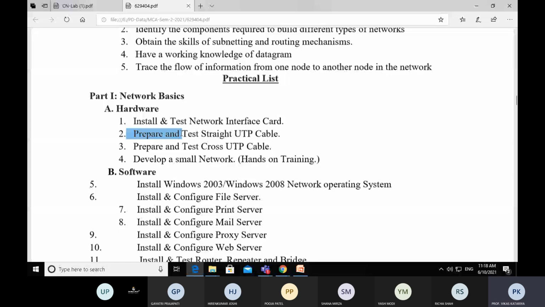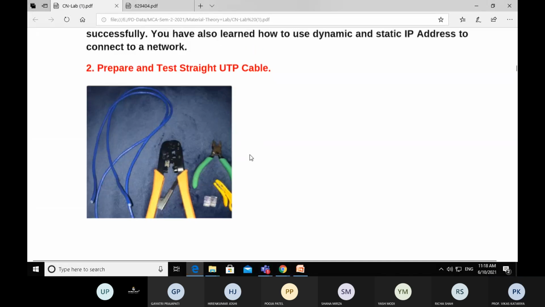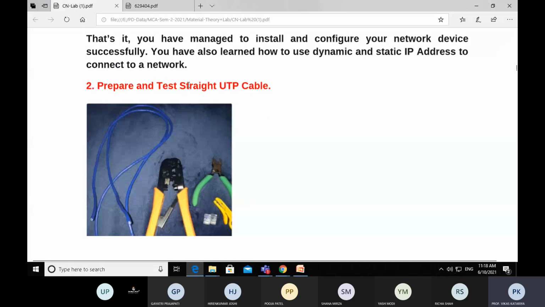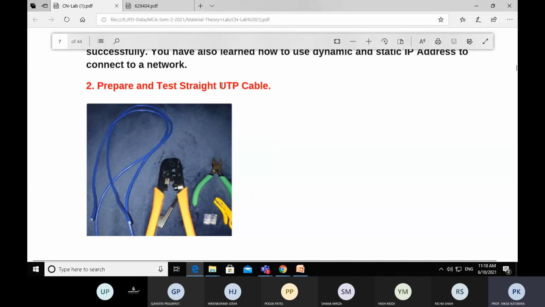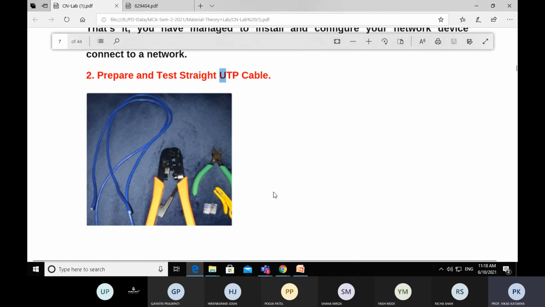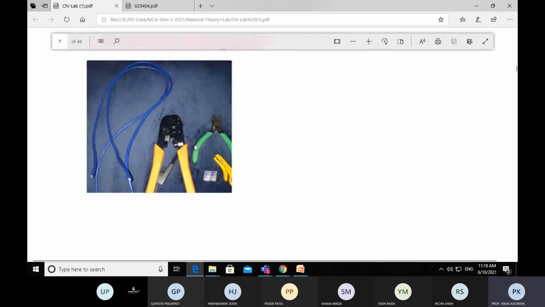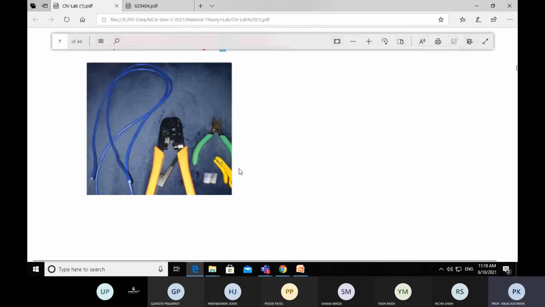So, preparing and testing a straight UTP cable, and preparing and testing a cross UTP cable. I hope you are getting the purpose of the straight UTP cable, the different categories of UTP cable, shielded and unshielded, and what they mean. And what are the components we require to prepare a straight cable?